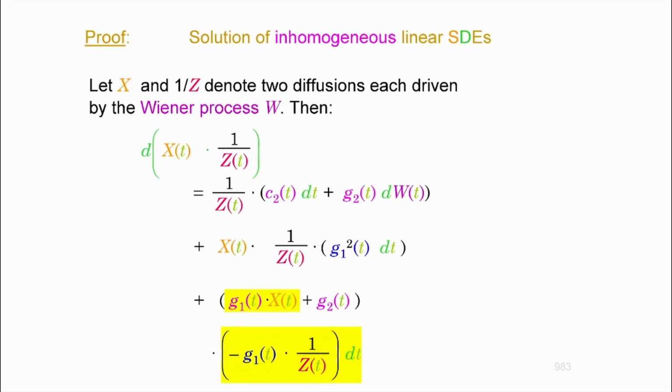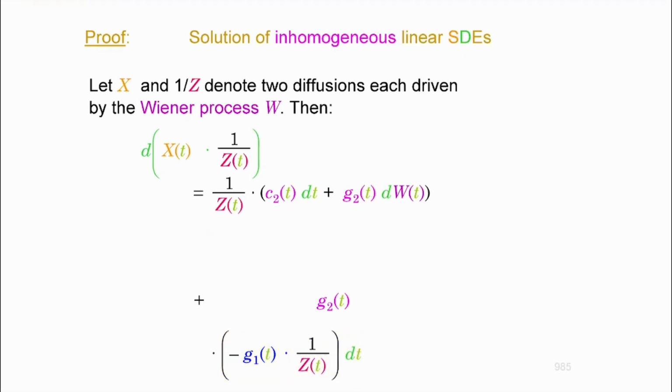That's the first one. That's going to be the second one. So this is going to be g1 squared times x by z. And that's going to be seen here: g1 squared times x times 1 by z, or by z. It's the same thing. So I'm going to get rid of those two.